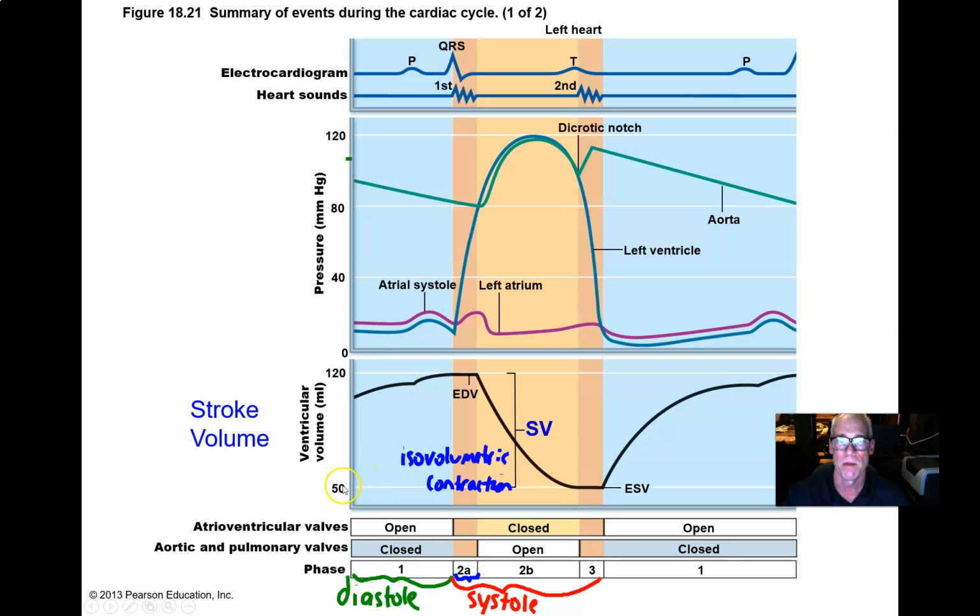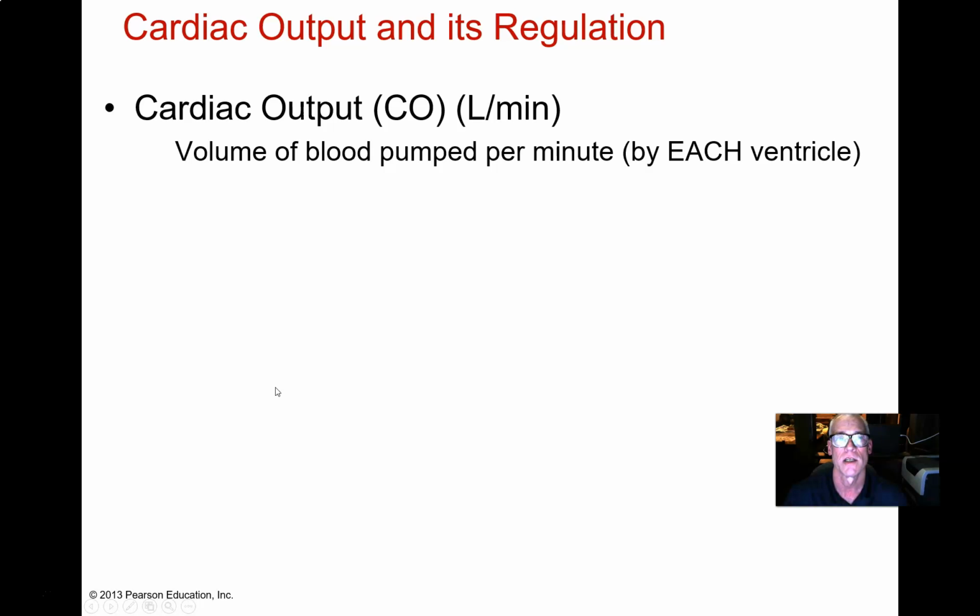There's still around 50 mils of blood left in this example, left in the ventricle, and then we start filling it up again. So the difference between those two volumes, end diastolic volume minus end systolic volume, is what we call the stroke volume. It's the amount of blood that was pumped out in every beat. The stroke volume, mils per stroke, mils per beat of blood being ejected.